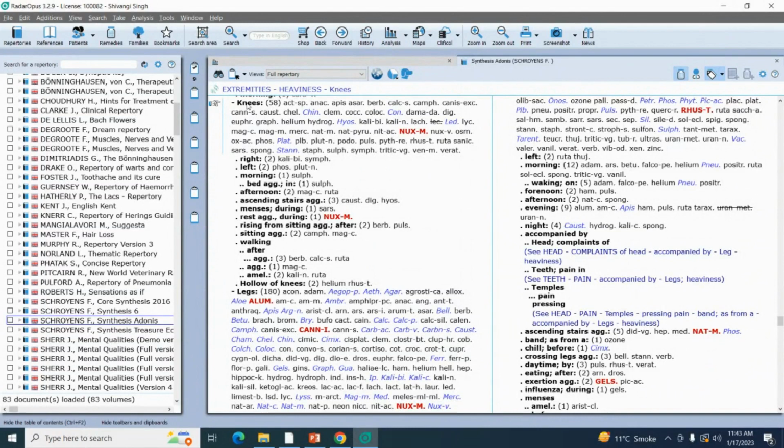Now I'm going to add this rubric to my clipboard with the help of my third method, that is this method, take the current rubric icon. If you click on this icon, your rubric is added to the clipboard.